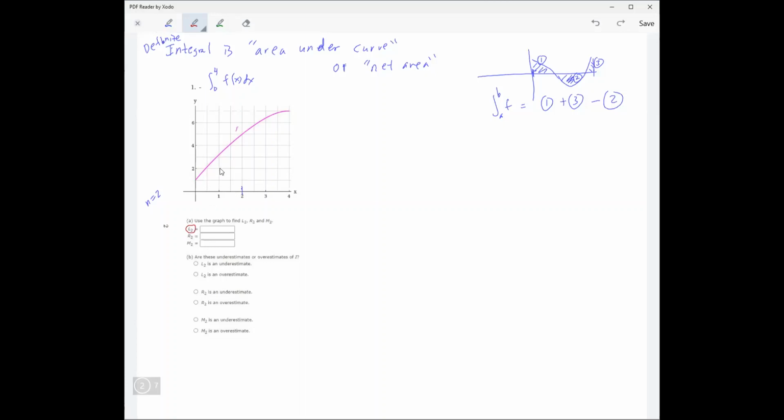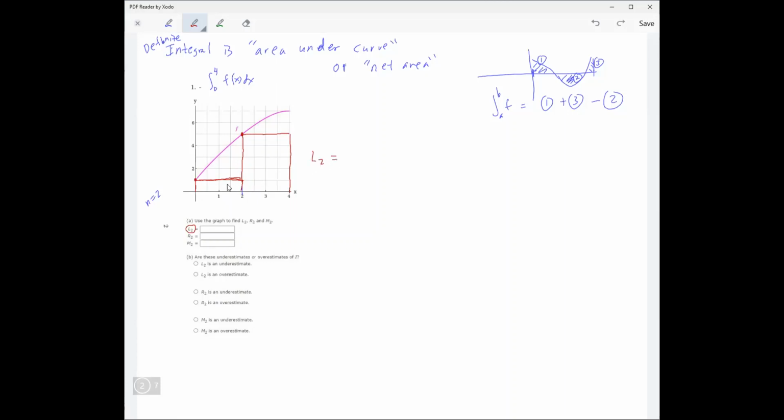So L2, which we'll do in red: for this first interval, from 0 to 2, you choose the left endpoint, which is 0, and the value at the left endpoint. So this rectangle here is the representative for this interval. For the interval from 2 to 4, you also choose the left endpoint, and so you get this. L2 is the sum of the areas of the red rectangles.